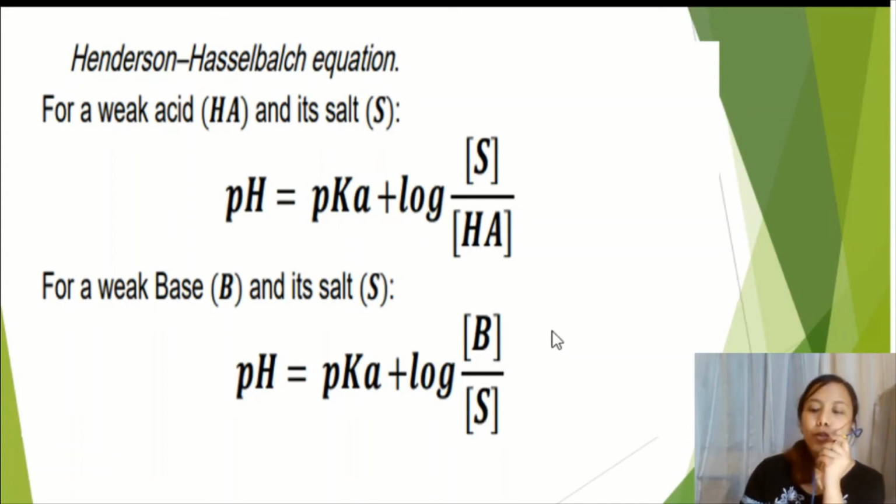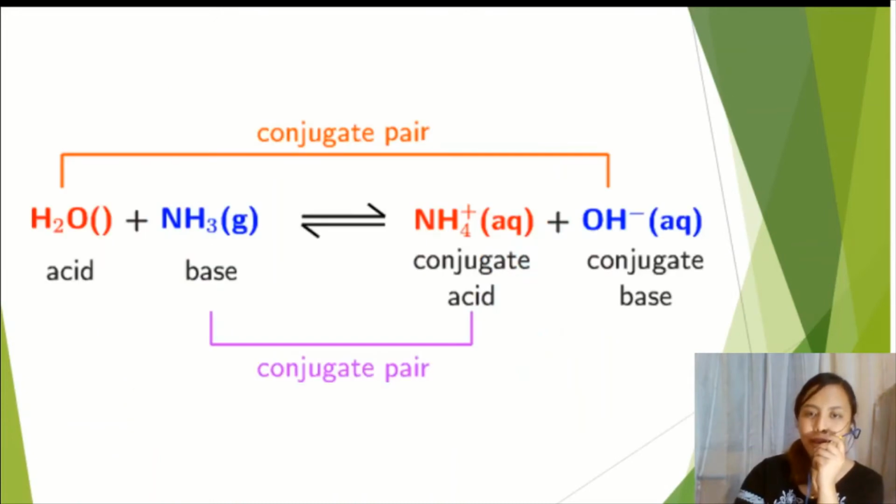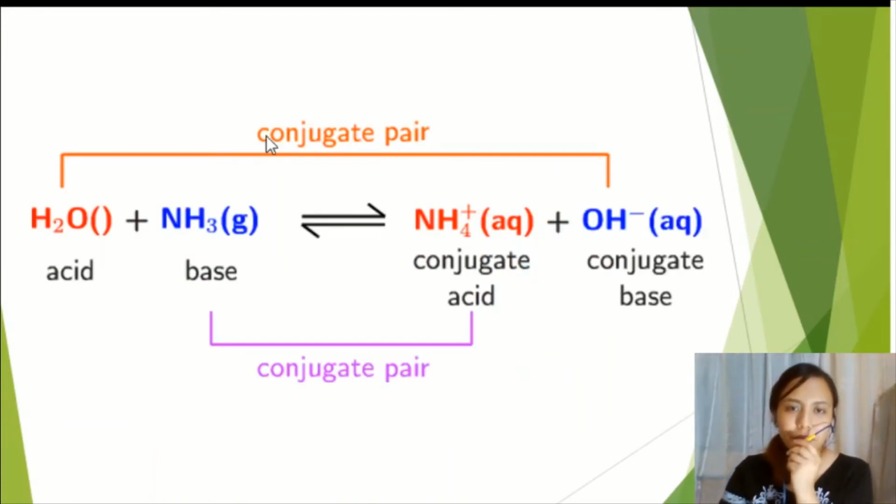Okay? So, let's go back to this formula. In here, usually I am the acid, so this is the HA. And its conjugate base would be the salt.